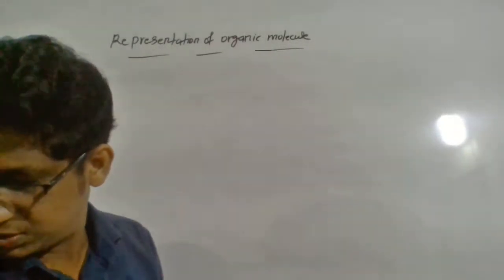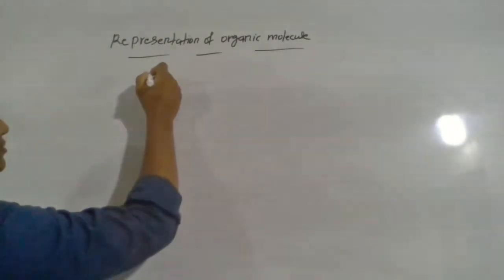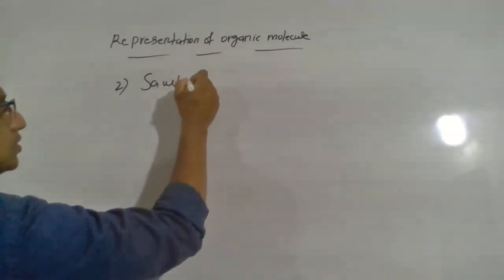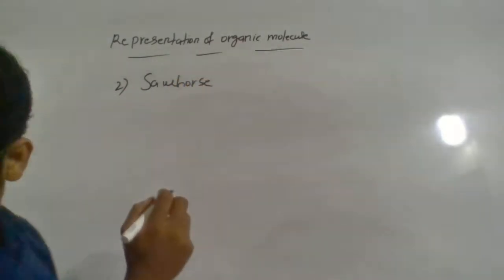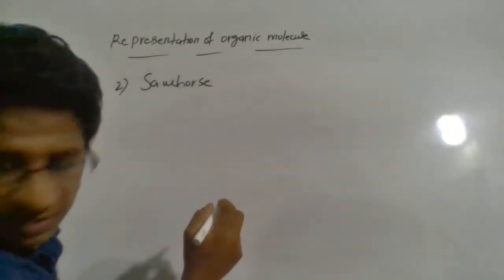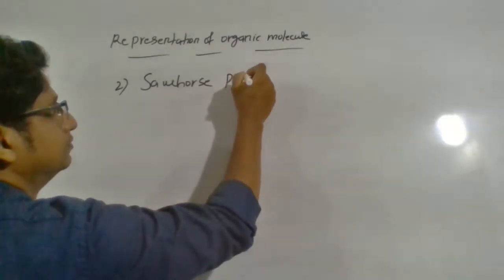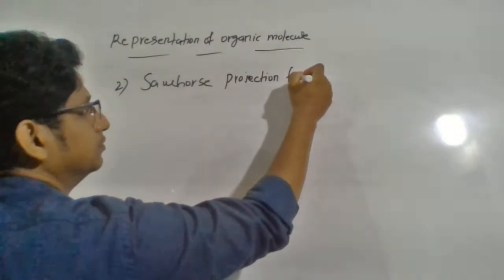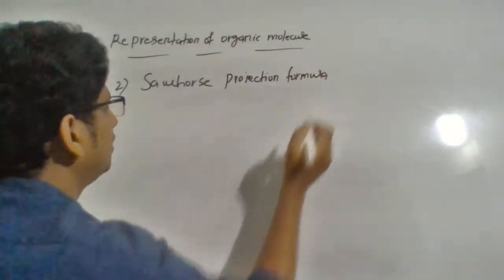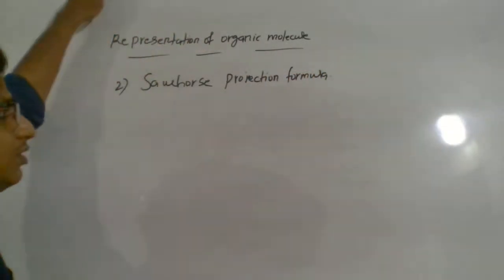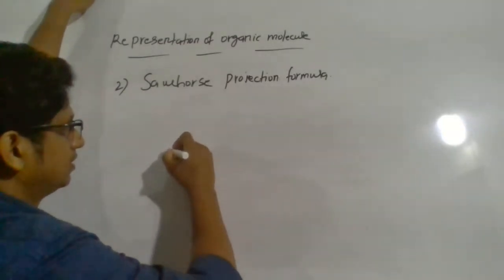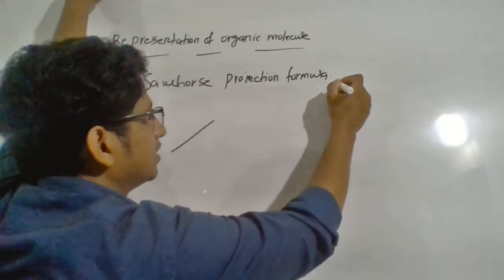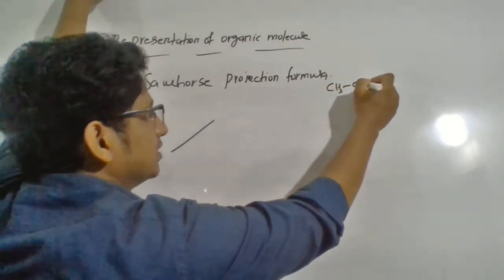Next case, the second case, is Sawhorse projection formula. Now this is an interesting representation where again I am talking about ethane, CH3 CH3.